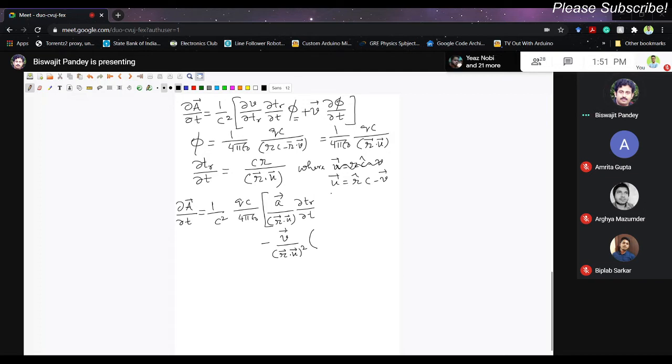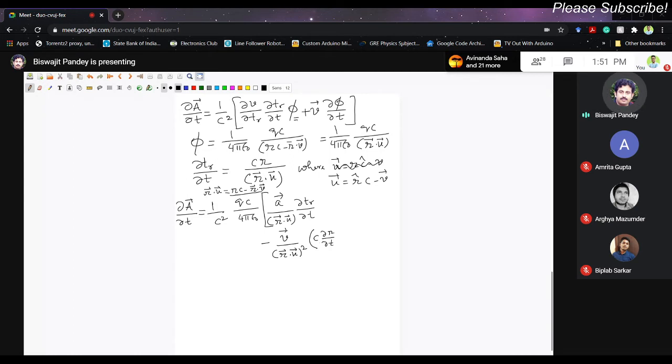Maybe I should take the derivative of the terms explicitly, because otherwise I have to simplify again. So what is r dot u? That is rc minus r dot v. If I take a time derivative of that function, I will get first c del r del t, because r dot u is rc minus r dot v, so I am taking a derivative of this entire term.